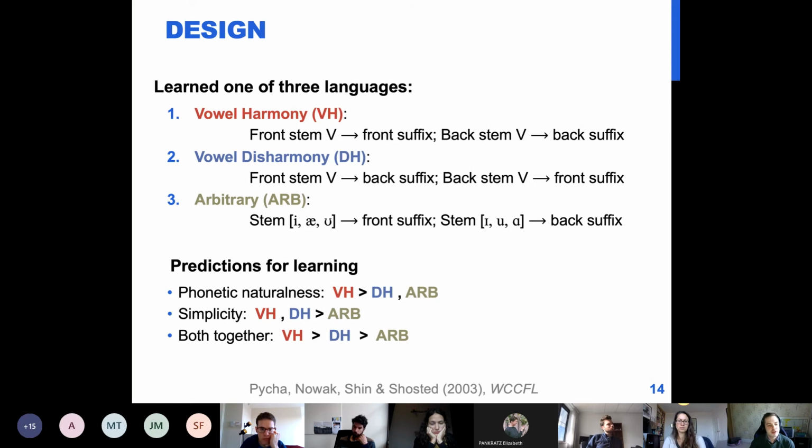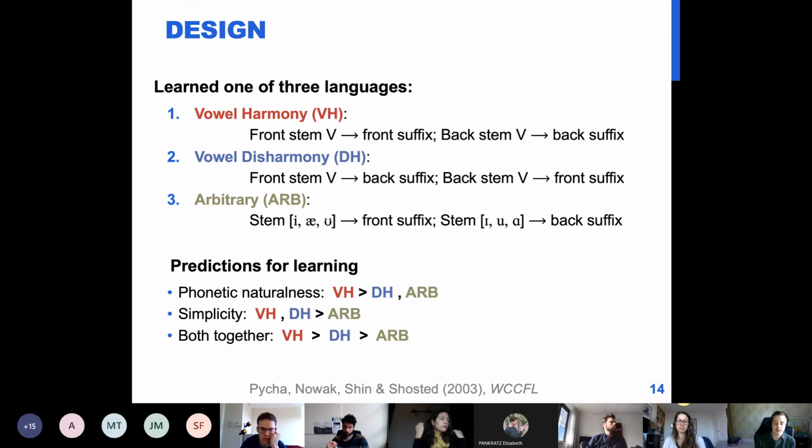So there's a pretty clear set of predictions about what you should get if you have these different biases in play. If you just have phonetic naturalness, then you would expect that the vowel harmony pattern, which is natural, which is phonetically motivated, would be learned the best, and the other two would be worse. If you just have simplicity, then you would expect that the vowel harmony or disharmony pattern would be better than the arbitrary pattern.